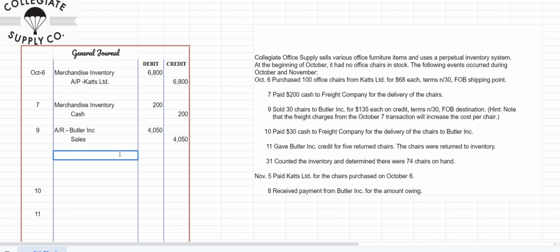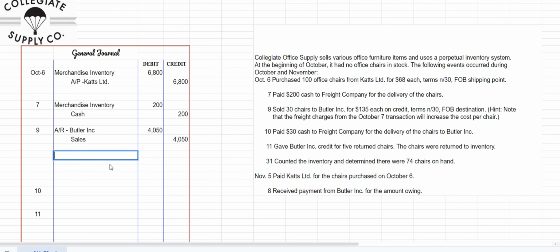Now, the second transaction is just crediting the merchandise inventory account. Because when you're selling a chair, the chair is part of the merchandise inventory account. But when you sell it, that account is getting lower because you're losing the inventory, which is the chair.